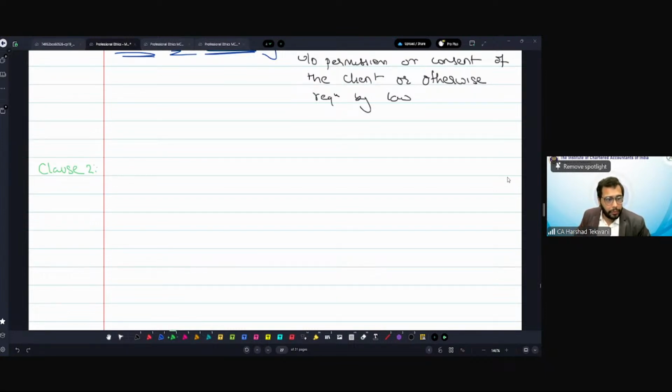Now, when I say certifies, it means he also submits in his name a report of examination of a financial statement, or a report or a certificate.